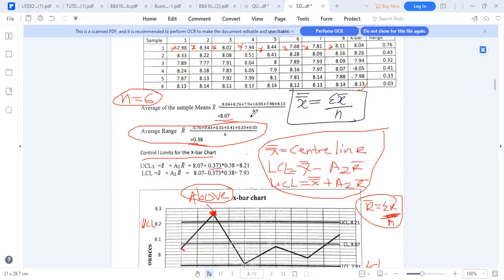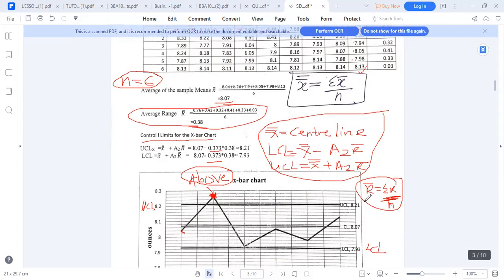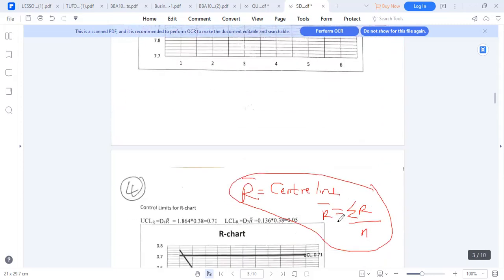The table will be provided, but we need to get these ones. These are obtained from the table, which is called quality control tables, the same way we get from the standard normal tables for normal distribution. So N equals 6, and then we go for A2. So this is where this one is obtained, 0.373.